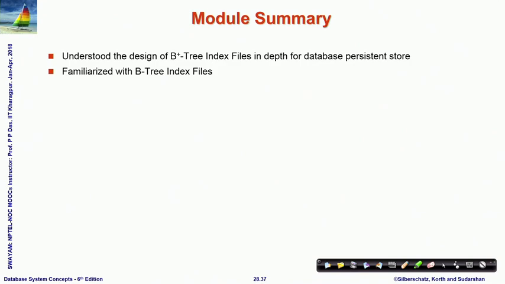So, in this module we have understood the design of B plus tree index files in depth for the purpose of database persistent store, and I would again remind you that the whole discussion of how B plus tree is organized and how operations of access, insert, delete are done in B plus tree, I have introduced in parallel with the simpler in-memory data structure for this, which is the 2, 3, 4 tree discussed in the last module.